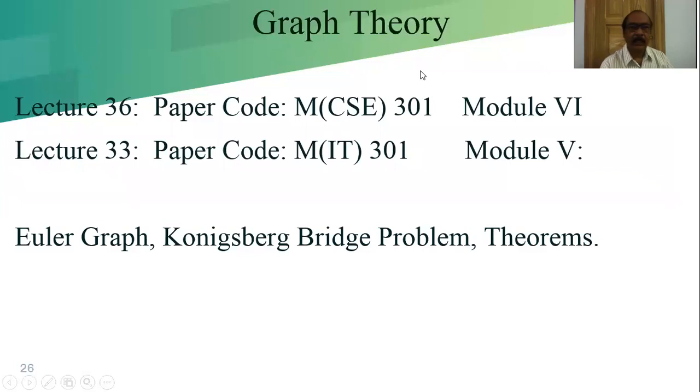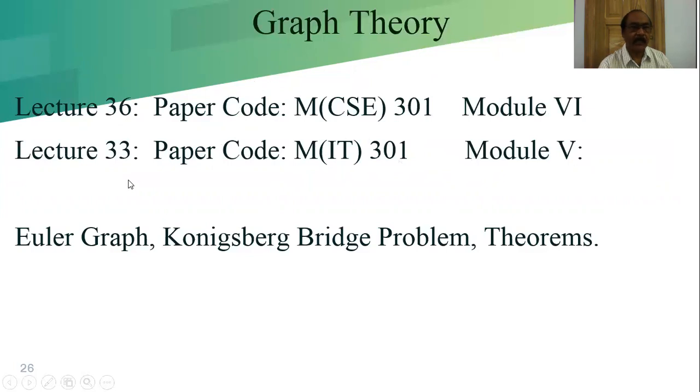This is the end of this class. Next class is lecture 36 for paper code MCSC 301 module 6, and lecture 33 for paper code MIT 301 module 5.